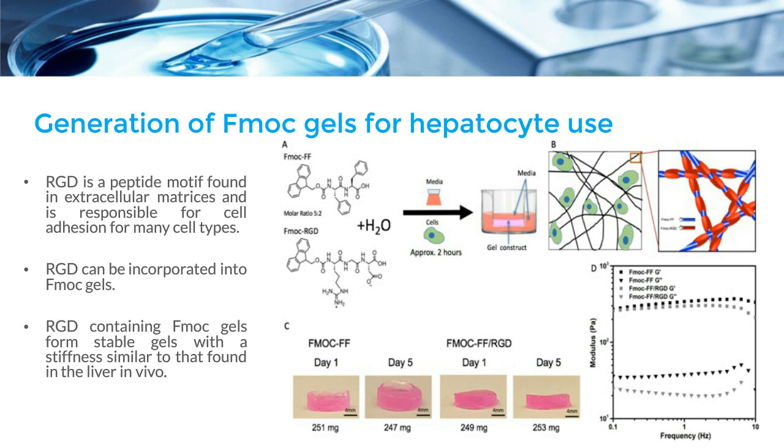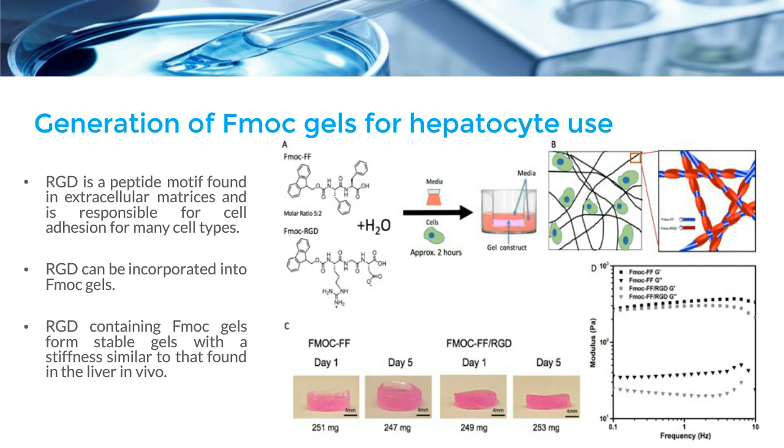So what I want to show you here is that we can take gels made with or without this functionalized component, the RGD peptide motif. We can rapidly make these gels with the hepatocytes embedded within them, and show that these gels can maintain their structure over time in vitro.